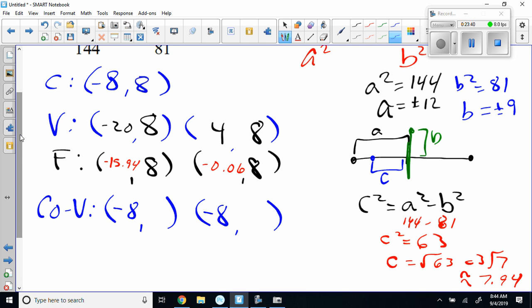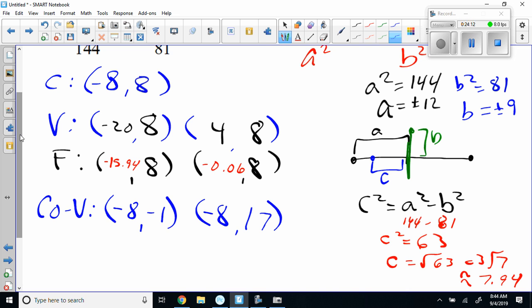So I'm going up from here on the Y. And then I'm also going down, right? So I'm punched in at 8. If I go up 9, where am I at? 17. Good job. If I go down 9 from 8, where am I at? Negative what? -1.